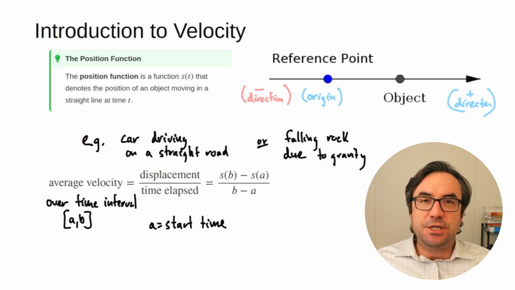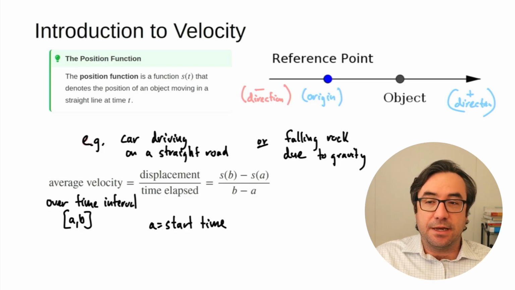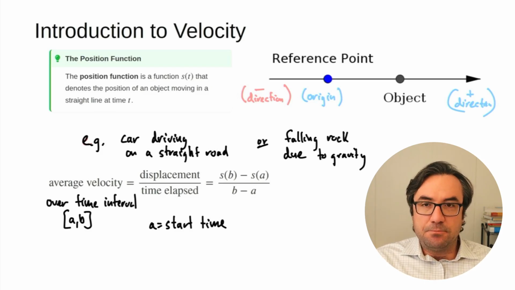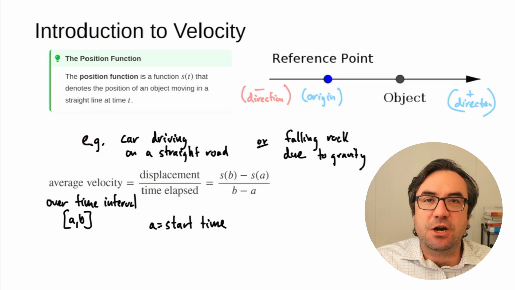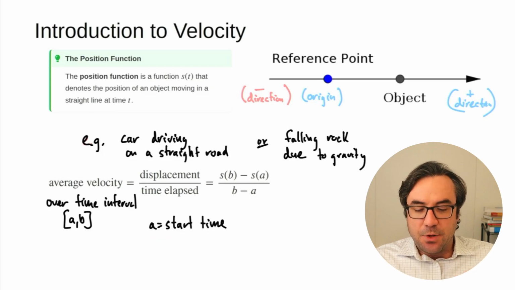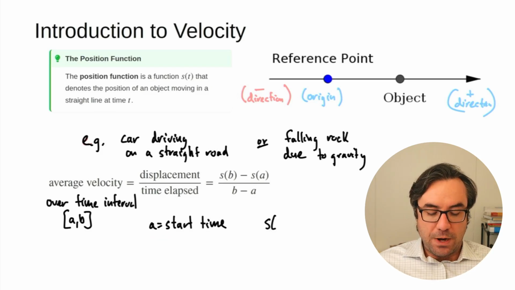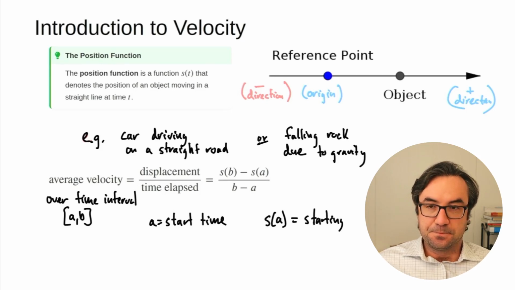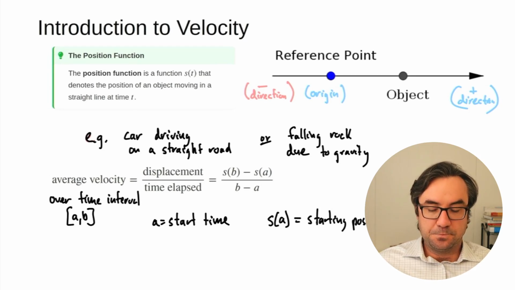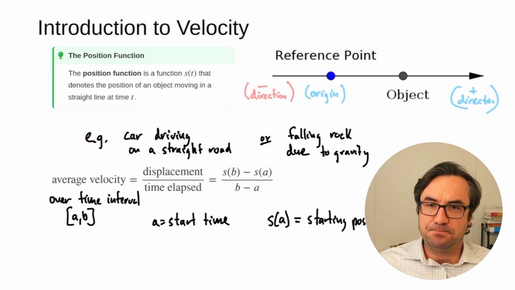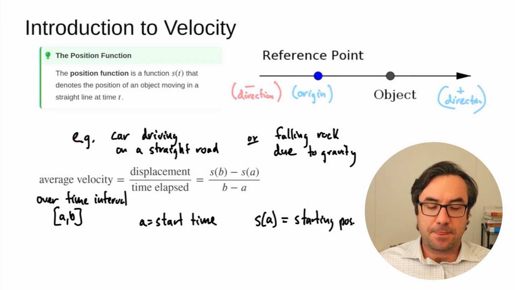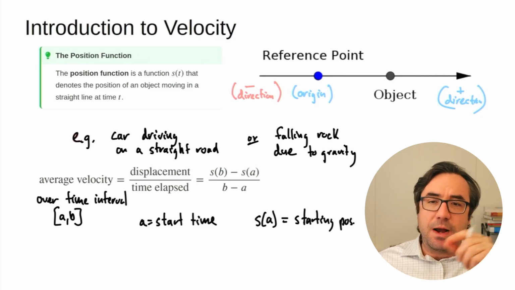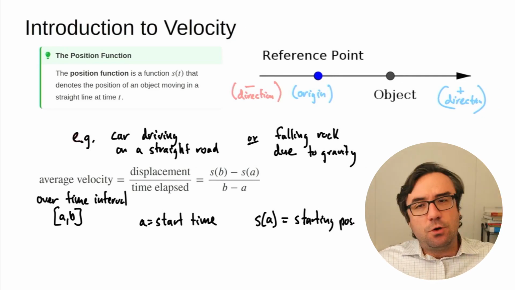So we're watching our object move around. And how we're going to calculate how fast it's traveling is we're going to pick a time where we're going to start measuring. At that start time, we're going to record where it is. So we're going to record the starting position of our object. And then our object's going to be moving around, maybe bouncing back and forth. Maybe it just goes all in one direction.